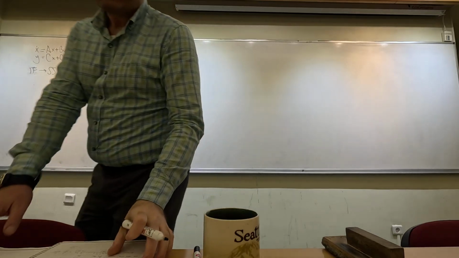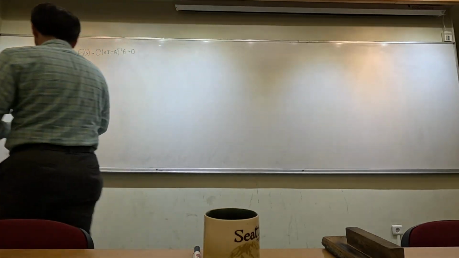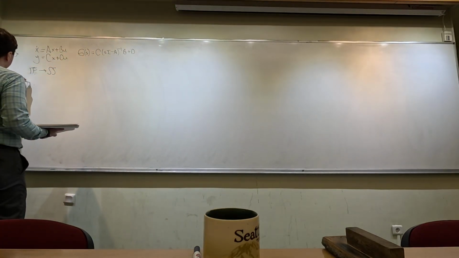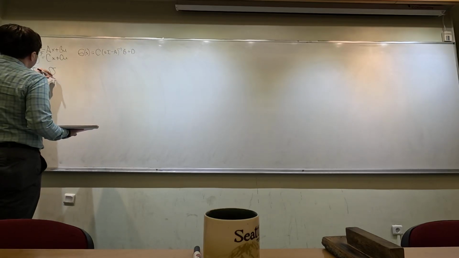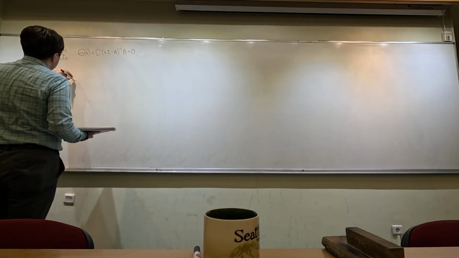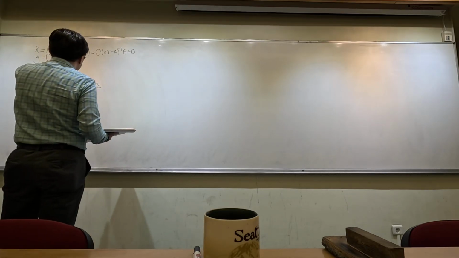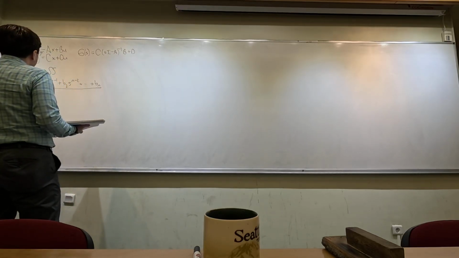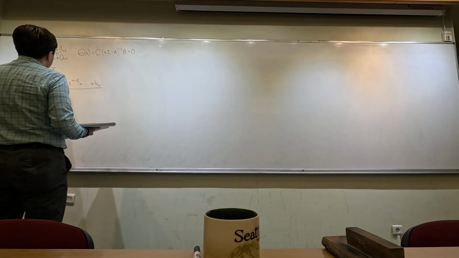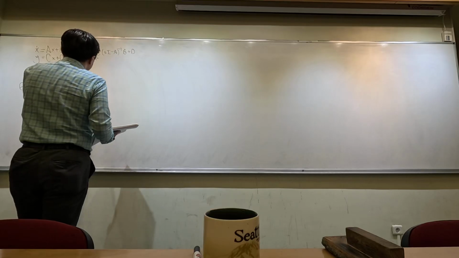So in the last lecture, we considered a general form. I have G(s) equal to (b1 s to the n minus 1, plus b2 s to the n minus 2, going until bn), divided by (s to the n, plus a1 s to the n minus 1, going until an).